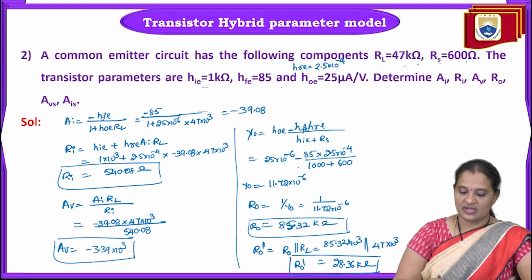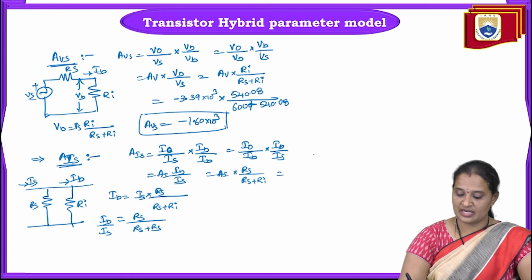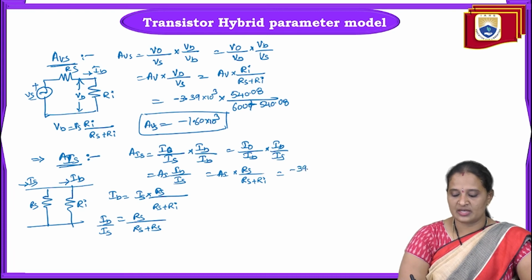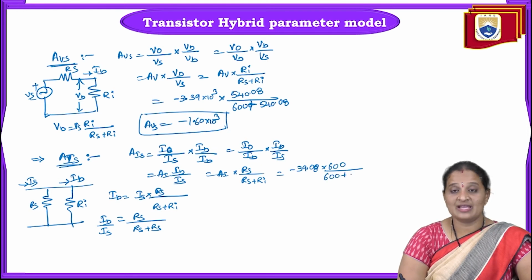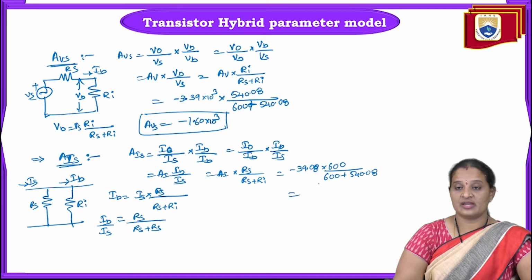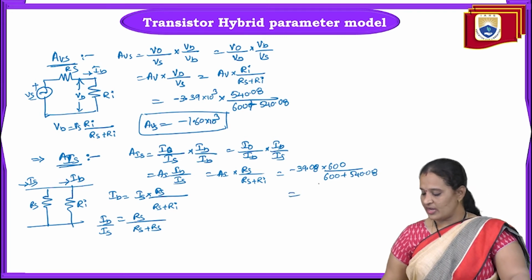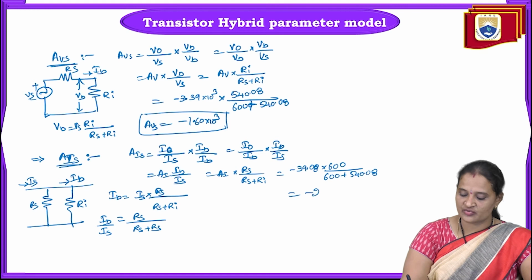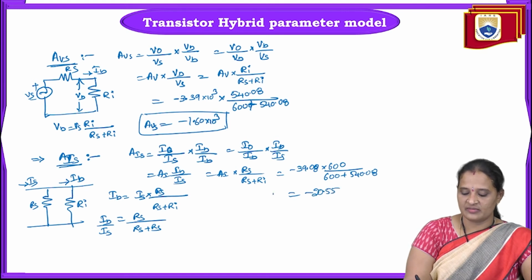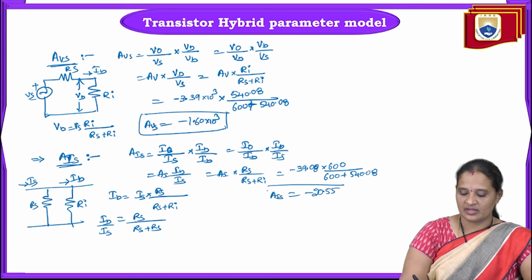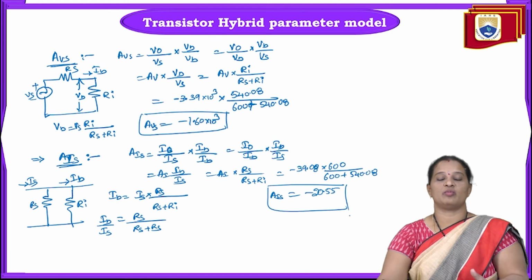That is current gain we have obtained as minus 39.08 into Rs, 600, divided by 600 plus 540.08. If I calculate this one, I'll get the overall current gain as minus 20.55. This is the overall current gain. So this is how we can solve this problem.